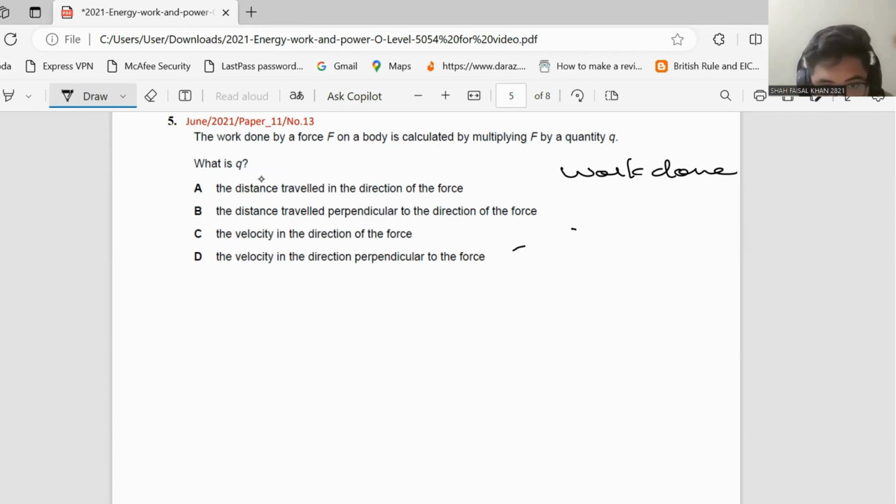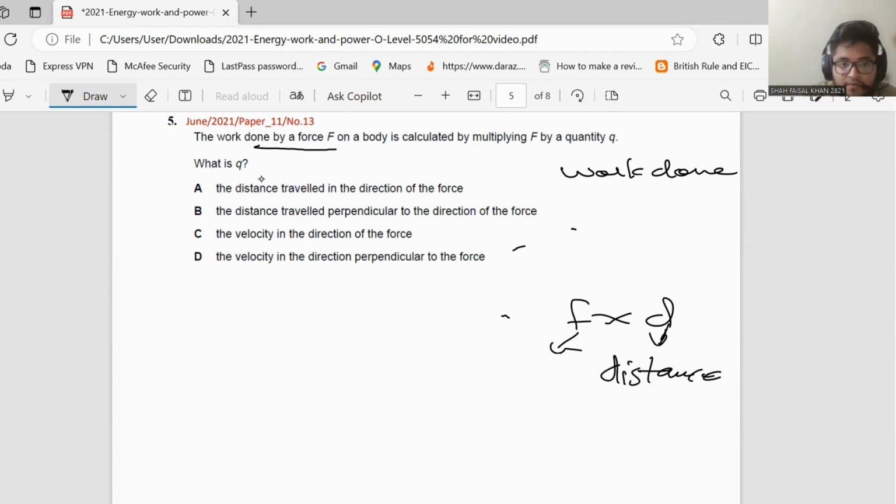So because it's F into D, D will be the distance. Force F on the body is calculated by multiplying F by a quantity Q, so Q is the distance in the direction. So the first option, the distance traveled in the direction of the force, yes, this is our option to be noted.